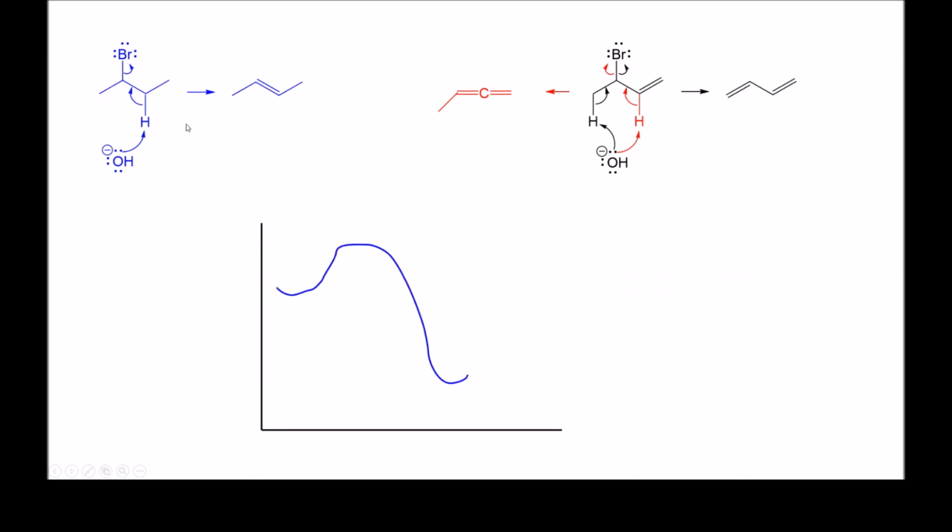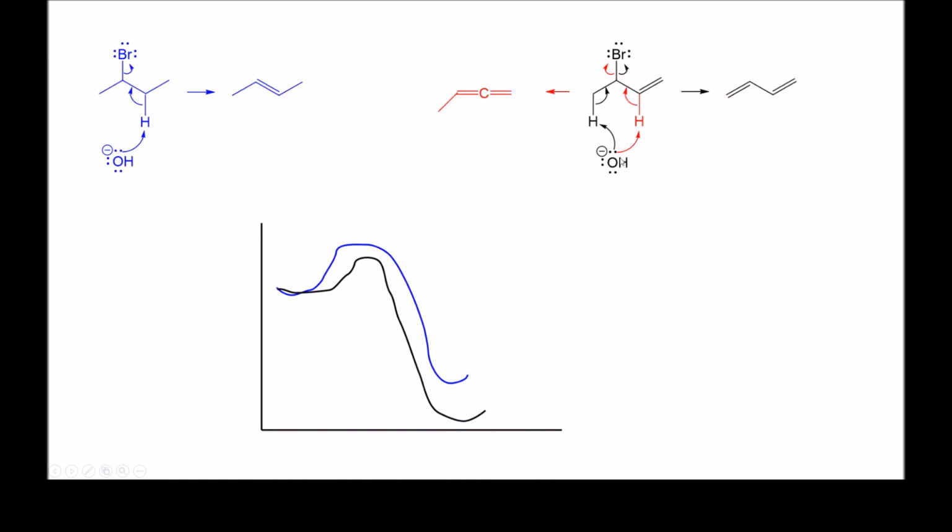The energy diagram for all three, the blue, the black, and the red, is going to end up being a concerted mechanism with one hump. The blue arrows right here are going to cross that hump and then drop down to some new energy level. If we try to model the black molecule on the same energy spectrum, what you should notice is that this reaction happens faster, meaning that hydroxide is more reactive as a base to the allylic position than to just a normal alkyl halide, because the product ends up being conjugated.